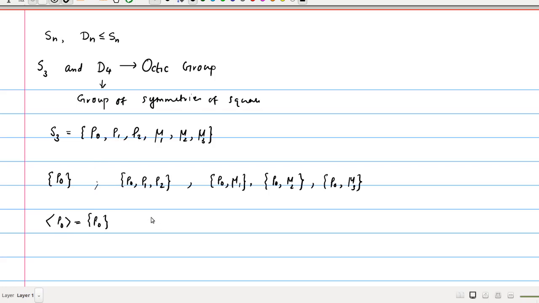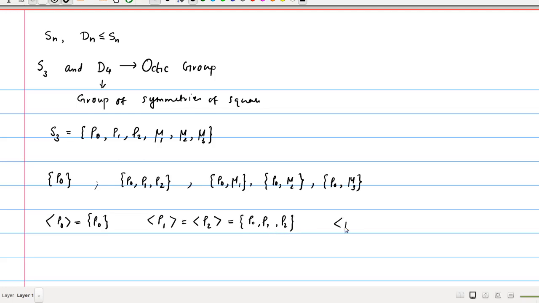When you observe the subgroup generated by rho 1 and rho 2, those subgroups will be the same as rho naught, rho 1, rho 2, since rho 2 is the inverse of rho 1, as discussed in the last class.